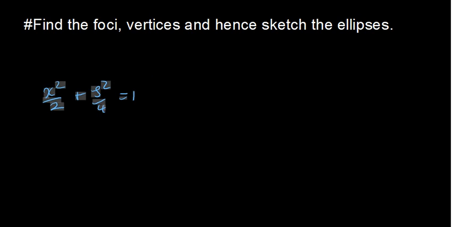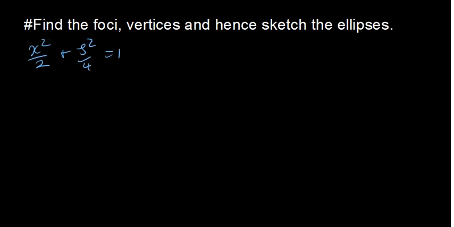So we really have to understand how the standard equation of any conic is supposed to be, so that if you are given it in any other form, maybe the general form, you're able to bring it back to the standard form, because for you to determine everything else, it has to be in the standard form. So in this case, determine the foci. First things first, despite this ellipse being centered at the origin, since I don't really like confusing myself with b and a, I'll just say this is my a squared and this is my b squared.